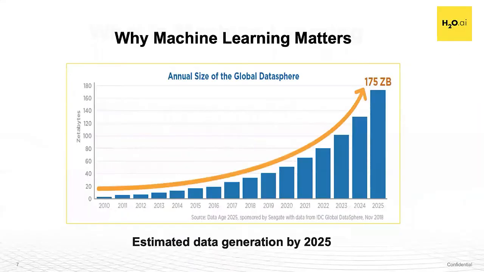Now, why do we need machine learning? Because all of us are aware that data is growing day by day, and it is just impossible for mere humans to understand all of this data with higher speed and higher accuracy. We know that more than 80% of this data is unstructured, so it's in the form of audio, video, photographs, documents.